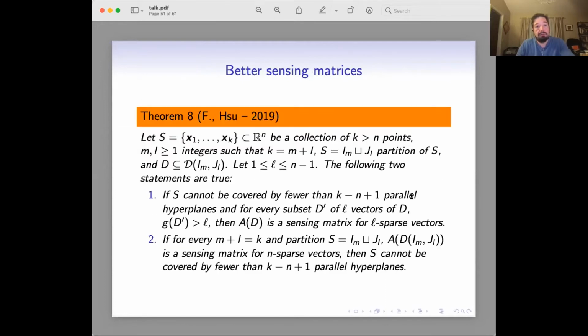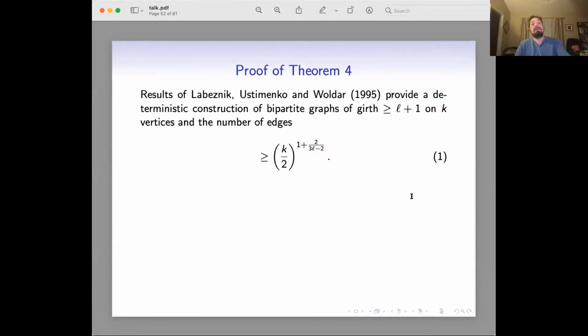Okay, and I'm using this result. There are some theorems by these three guys, Lebezhnyk, Ustimenko, and Walder, dating back to '95, about bipartite graphs, specifically extremal bipartite graphs with large girth. Remember, girth means the length of a minimal cycle.